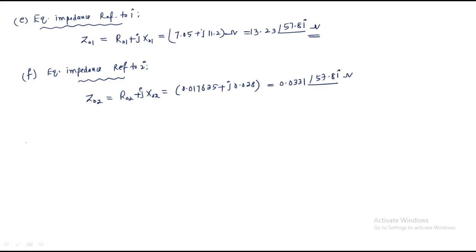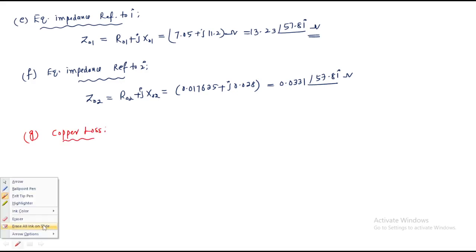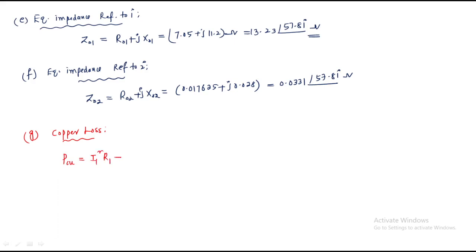A, B, C, D, F, G. Next, G is nothing but copper loss, right? We all know that before transferring and after transferring, the copper loss component is the same, right? That is PCU, which is equal to I1 square R1, I2 square R2. That's why earlier I have calculated the values of I1 and I2.